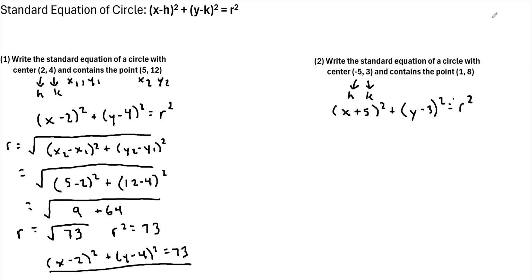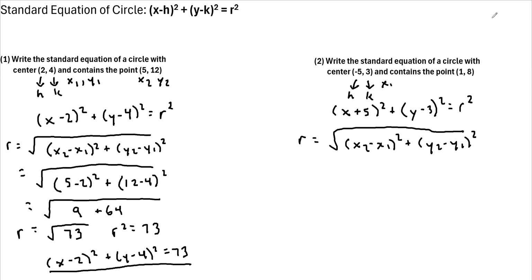Once again, we need to solve for r. The way that we do that is we use the distance formula, which is the square root of (x2 - x1)² + (y2 - y1)². Again, we're going to use the center of the circle as our x1 and y1 values, and the point on the circle as our x2 and y2 values.